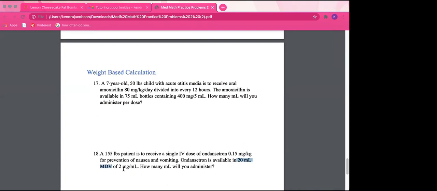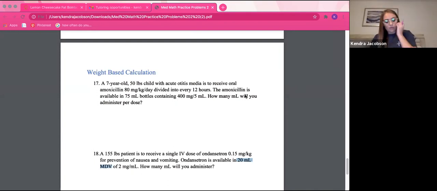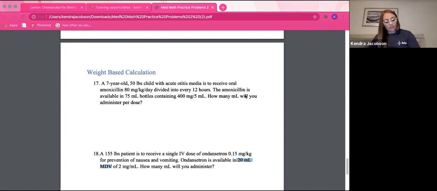Does someone want to take a stab at what the next one's going to be? Would it be the 0.15? Yep. So you're going to have the 0.15 milligram over 1 kilogram, because that's another thing that you need to convert. Moving on, we're going to go into our conversion factor.